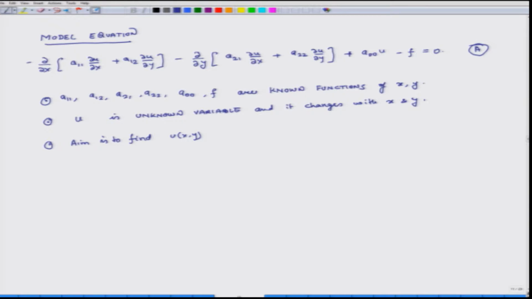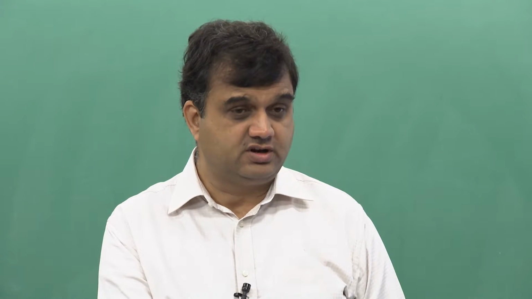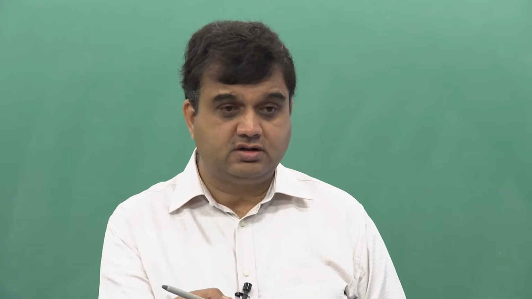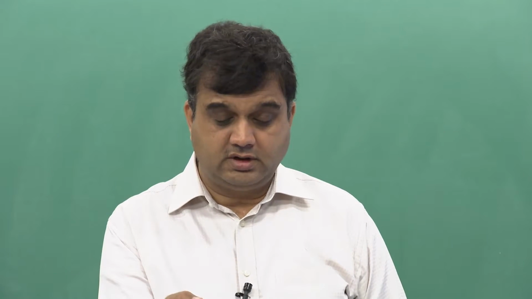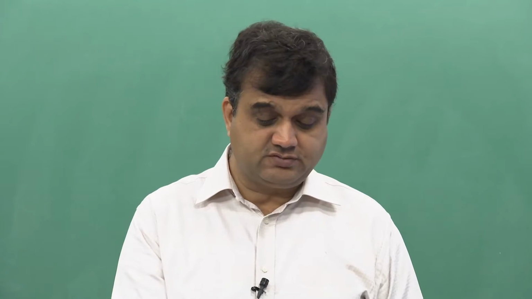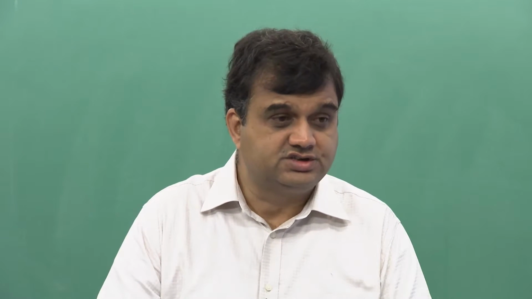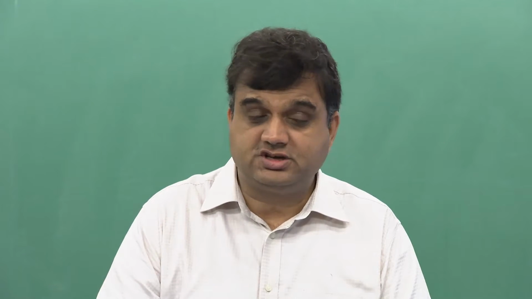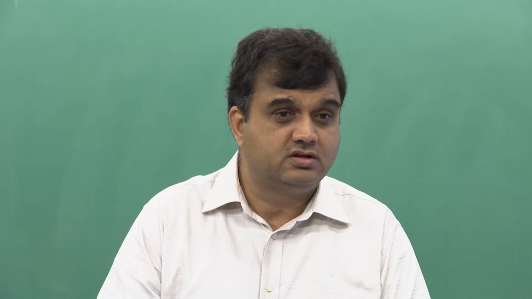So, we should be able to solve for it, but the problem is when we integrate it, this is a second order equation, right. So, when we integrate it, we will get some additional entities. When we integrate an ordinary differential equation, we get integration constants. This is a partial differential equation. When we integrate a partial differential equation, what do we get?